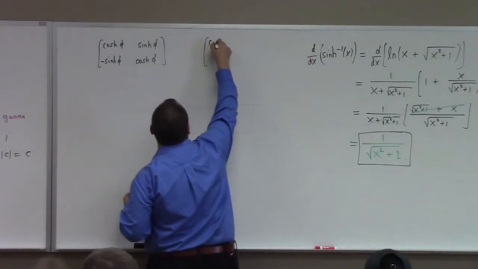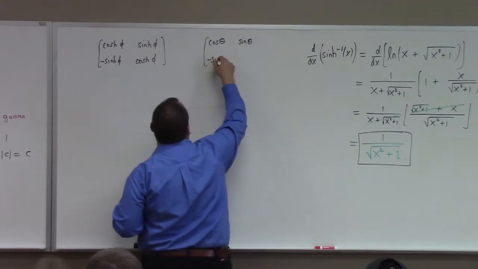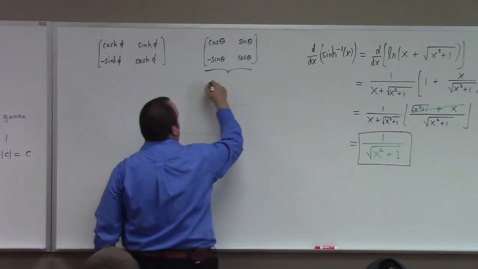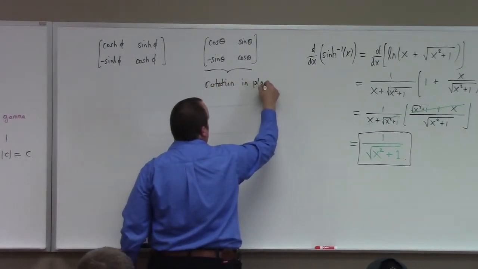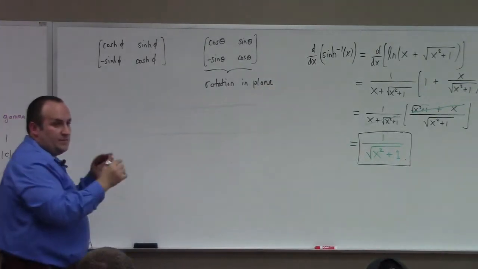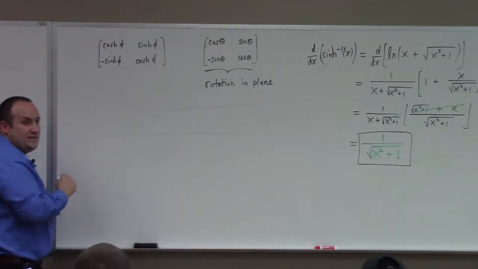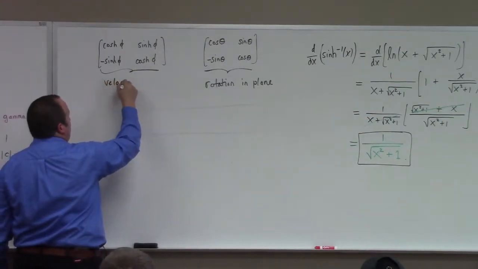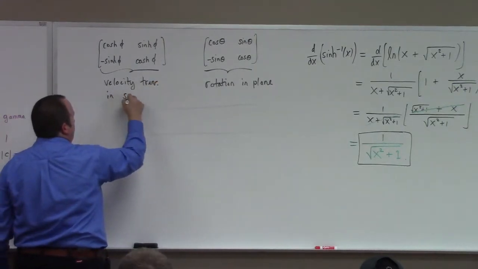But here's the deal. With sine theta and cosine theta in this little 2 by 2 matrix, this gives us what's called a rotation in the plane. So rotation in the plane is given by this, which will mix x and y and rotate x and y, right? The corresponding matrix with cosh and sinh in the same pattern is actually a velocity transformation in space-time.